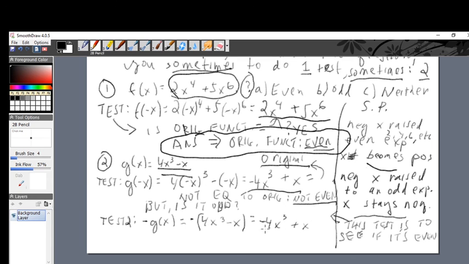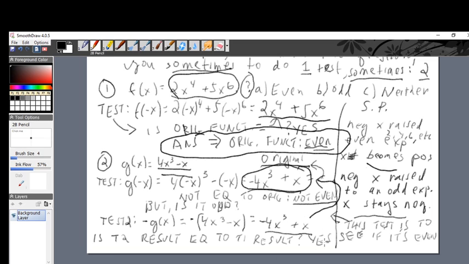Is this equal to test number 1? Is the test 2 result equal to the test 1 result? The answer is yes. They're completely the same.